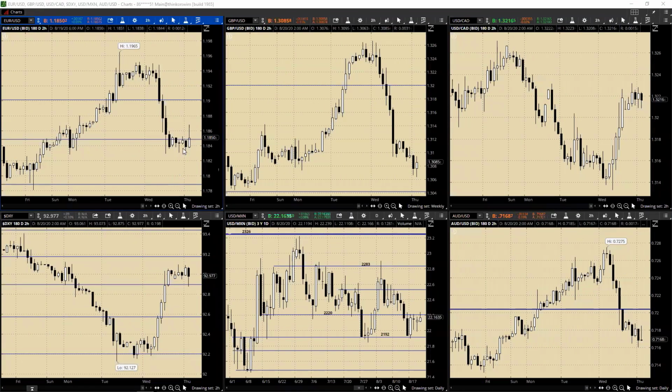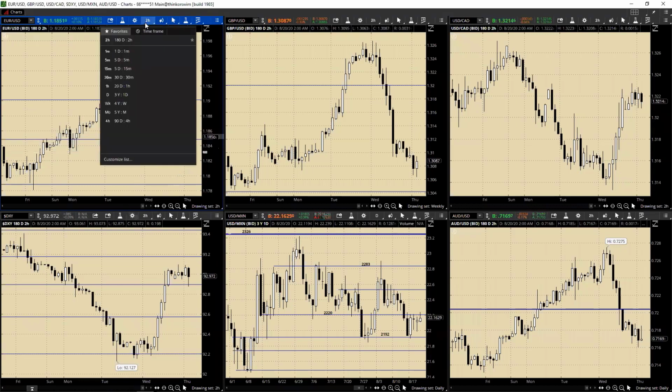You can see we pulled back here on the euro dollar from where we were. We've pulled back a decent amount, but certainly there would seem to be more room to give, considering where we were.